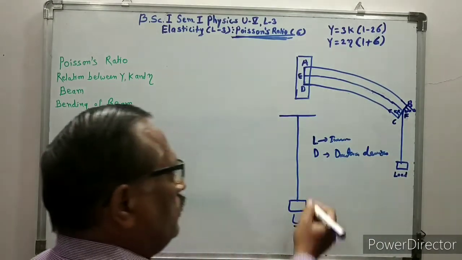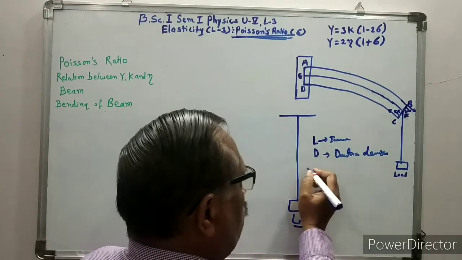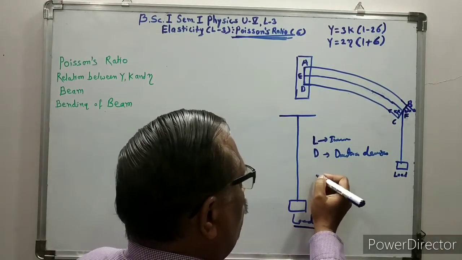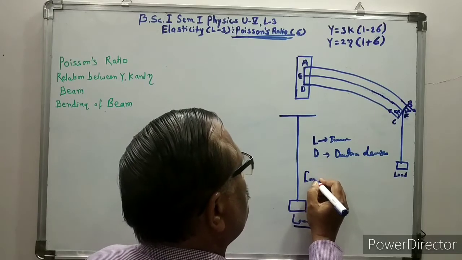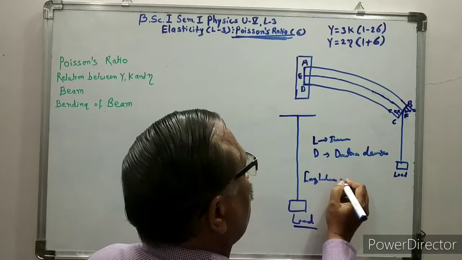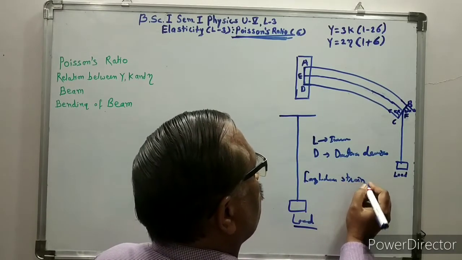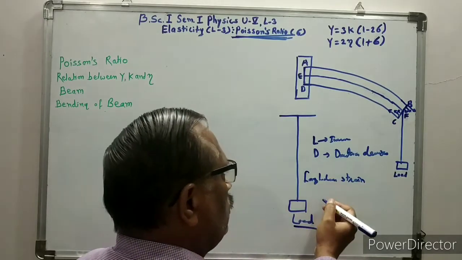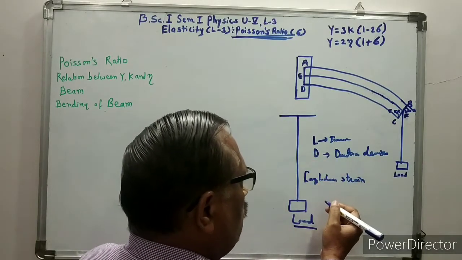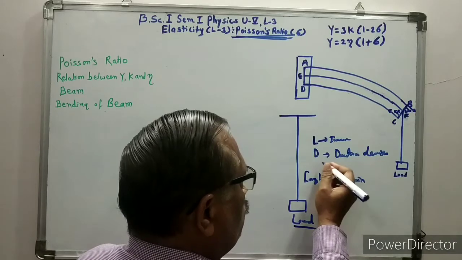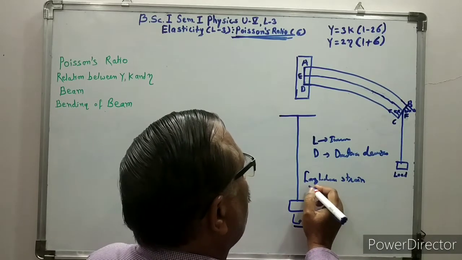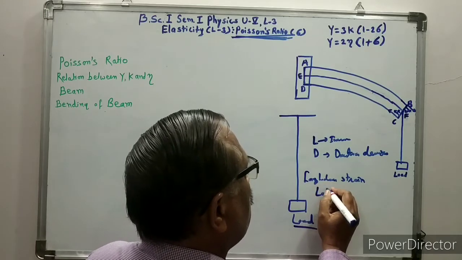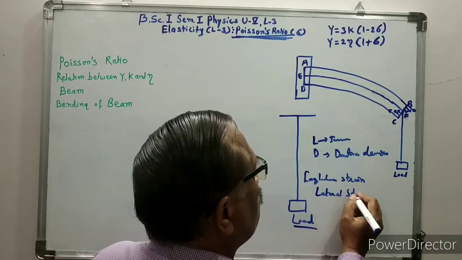So there are two strains produced here. One due to the longitudinal extension, which is the longitudinal strain, and another due to lateral contraction, which is produced due to the decrease in diameter of the wire. This is the lateral strain.